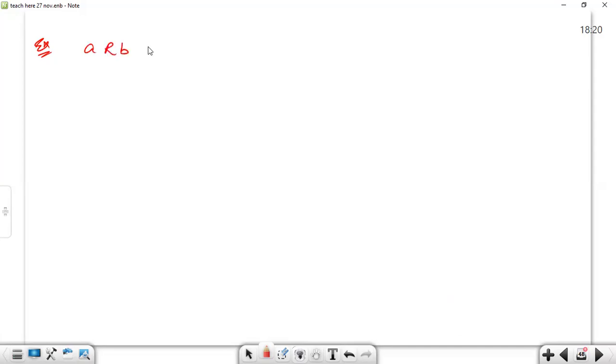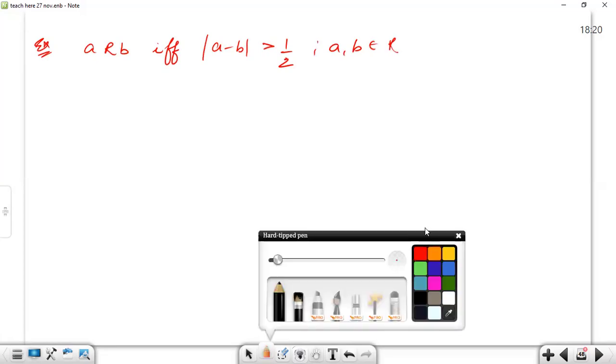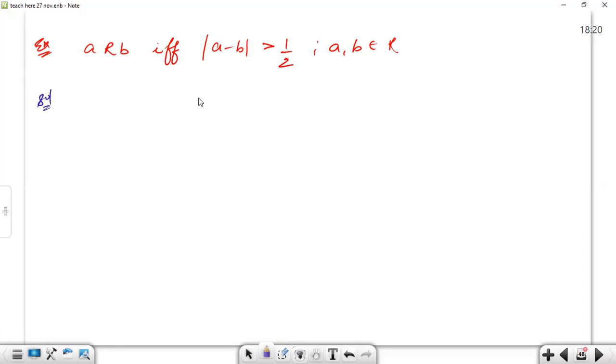A is related to B if and only if modulus of A minus B is greater than half, where A, B belong to the set of real numbers. Discussing this question, A is related to B if the difference between these two is greater than half.